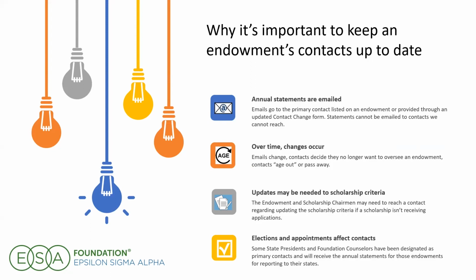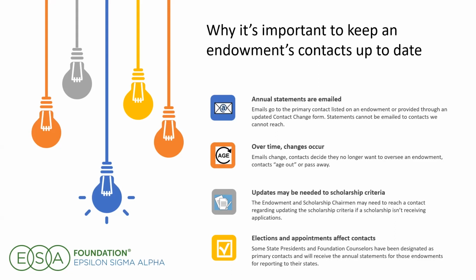And that goes along with the second reason: over time, changes occur, because as you know, emails change. You've probably changed your email several times over the last 10 years or so. Contacts decide they no longer want to oversee an endowment. It's just a responsibility that they don't want to handle anymore.